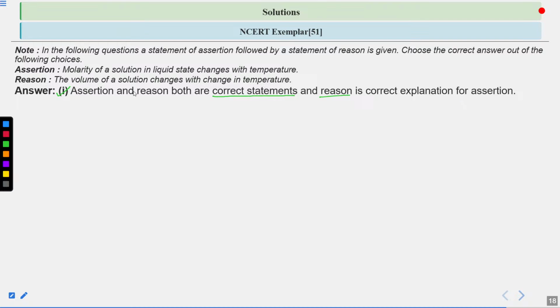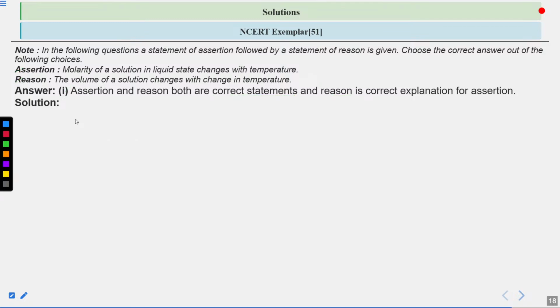So the molarity of the solution in the liquid state changes with the temperature is the correct statement, and the reason for the given assertion, that the volume of solution changes with the change in the temperature, is also a correct statement.